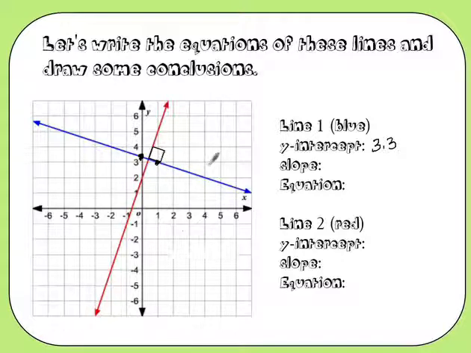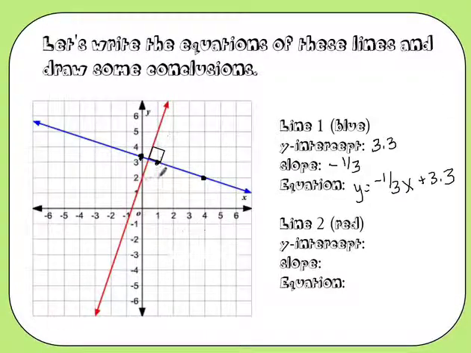So that looks like this point and this point. They pass exactly through the grid marks. So this slope, I know it's negative because it's going downhill, so it's down 1 over 3. So it's -1 over 3. So to put these two together in an equation, I have y equals -1/3 x plus 3.3.